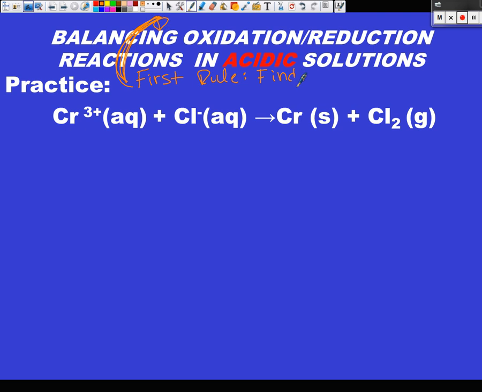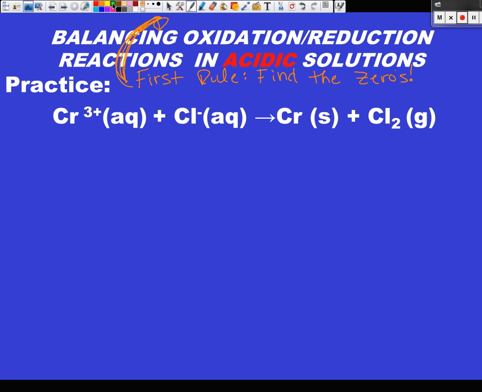First rule is find the zeros. That makes it so much easier. Find the zeros. And what do I mean by zeros? The ones that are in their oxidation state of zero.